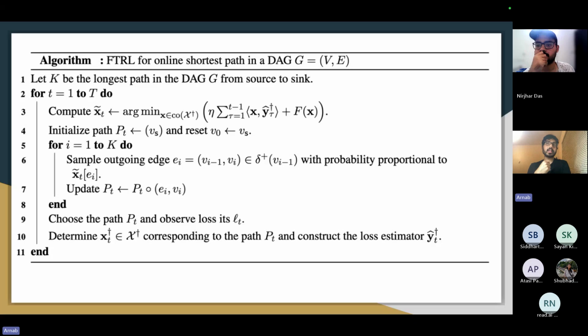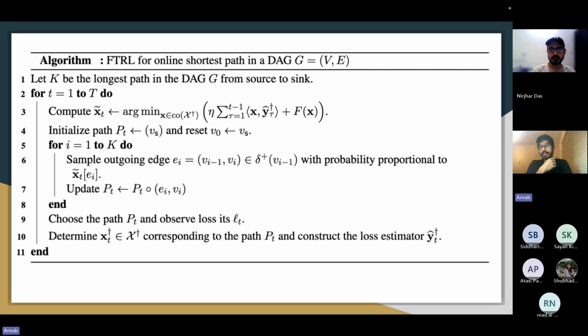I did not completely work out the calculations, but I saw some paper where they were talking more in the MDP setting, but I think that idea can be used here as well, which is that at each node you run an EXP3 algorithm locally, the multi-armed bandit EXP3 algorithm over the outgoing edges, and you set the losses of those edges in a particular manner, and that might be way faster, computationally speaking.